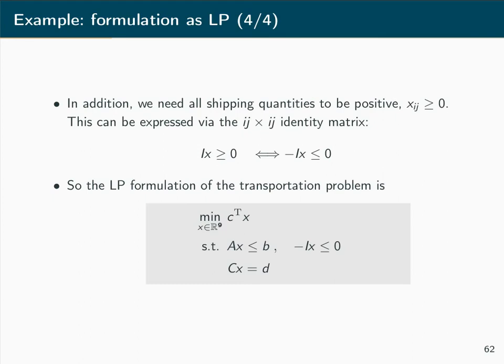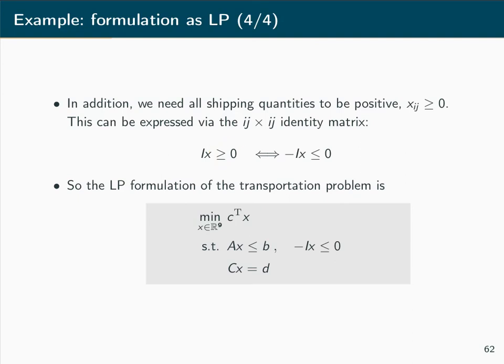In addition, what we must have, of course, is that all shipping quantities, which are our decision variables, must be nonnegative. So x_ij greater than or equal to 0 for all i and all j. Note that this condition can be expressed by using the 9 by 9 identity matrix, and it reads as follows: identity times our 9-dimensional decision vector has to be greater than or equal to 0.